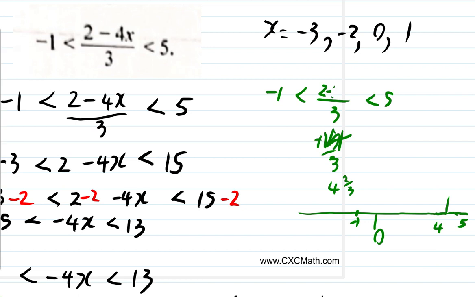What about when x is negative 2? Remember, we're just testing it. In exam, you don't have time to do that, but we're not in exam. 2 minus 4 by negative 2. 4 twos are 8.